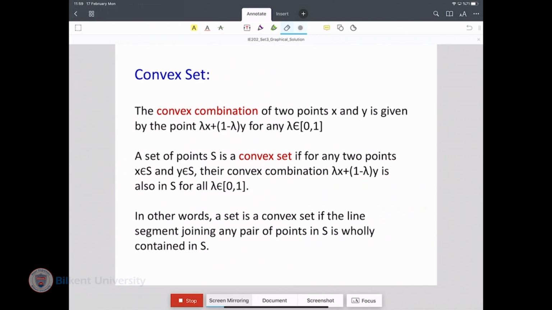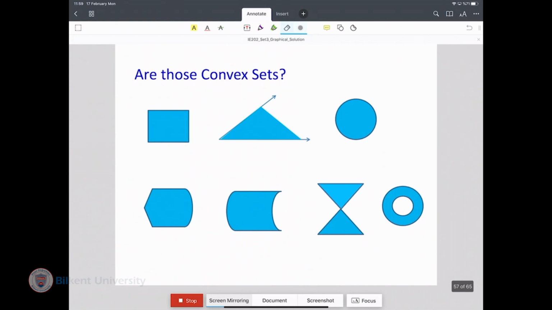So a set becomes convex if you pick 2 points, draw the line. If all points on the line are in this set, we define that set as the convex set. Okay? Let's see. The first rectangle there, is it convex? For any 2 points you pick, draw the line, always in between.